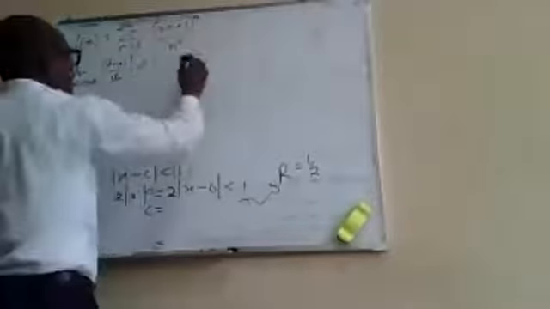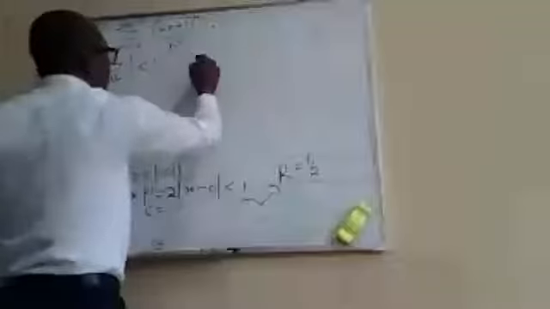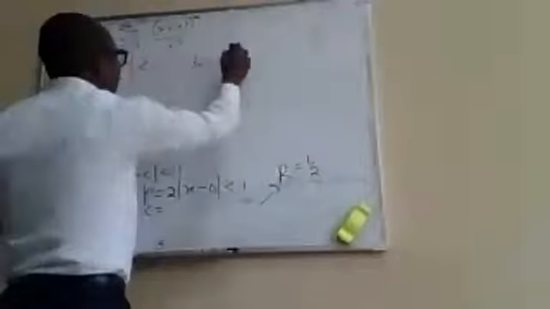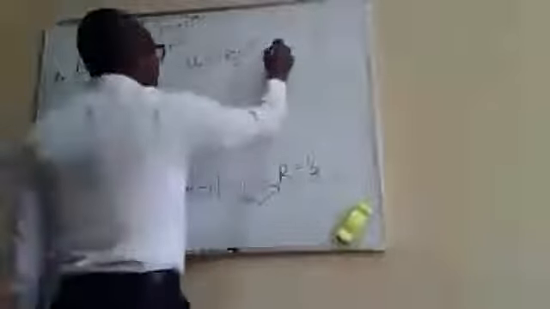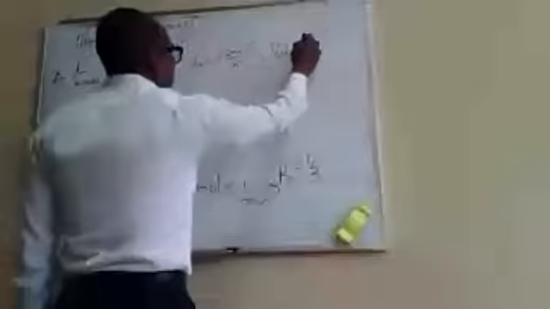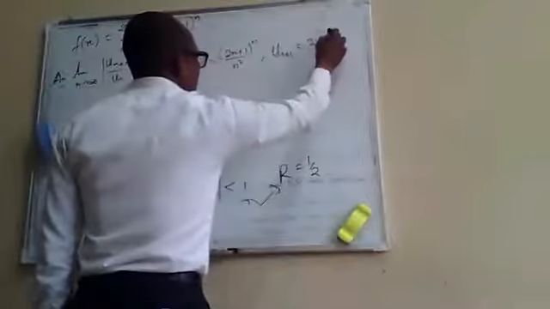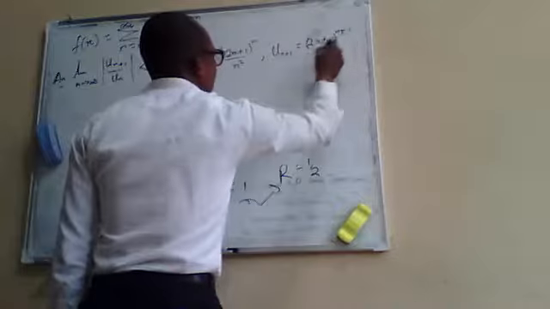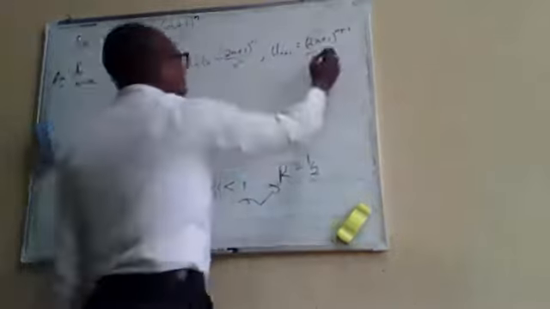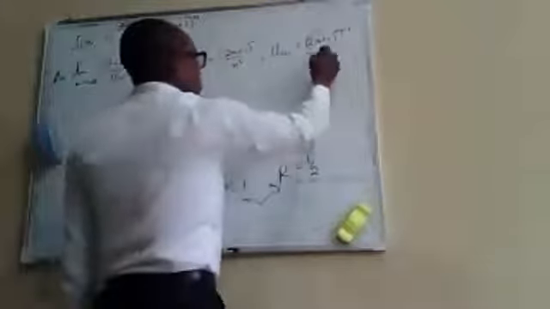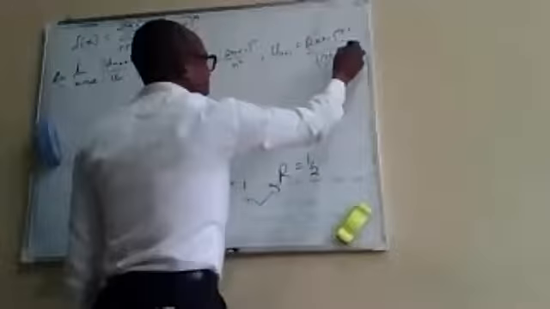So from what we have here, our u of n is actually 2x plus 1 raised to the power n over n raised to the power 2. So what is u of n plus 1? Where you have n, replace it with n plus 1, so this will be 2x plus 1 raised to n plus 1 over n plus 1 squared.